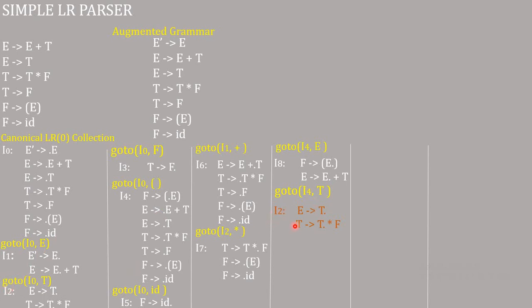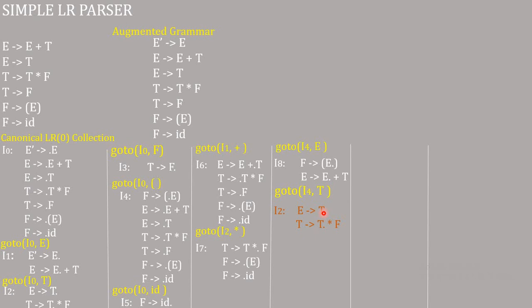So this set is not a new set. The same set we already got when we defined goto of I0 comma T. We need not give a new name for it because this set is the same as I2, so let us keep the same name I2. Let us proceed further.